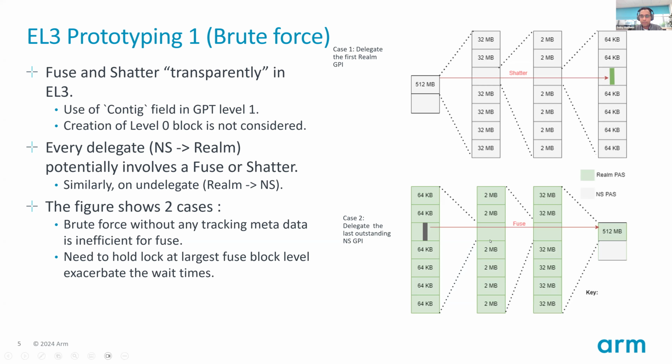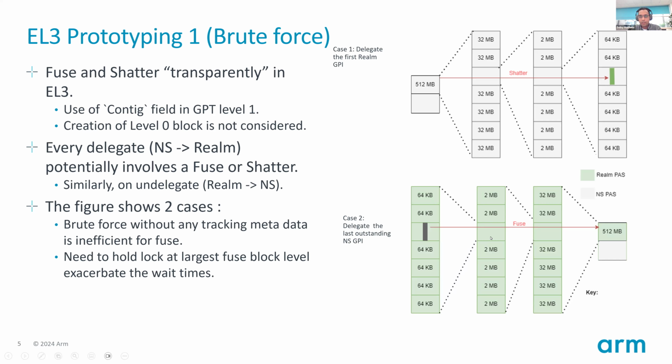If we receive a delegate request corresponding to the last outstanding non-secure page, what EL3 now must do is check whether all the adjacent granule descriptors are corresponding to the realm pass. If all the 32 64 KB granule descriptors are indeed realm pass, it goes ahead to fuse them to a 2 MB block.